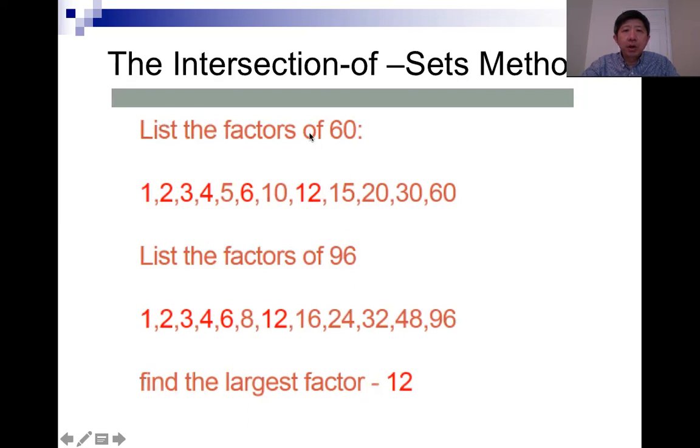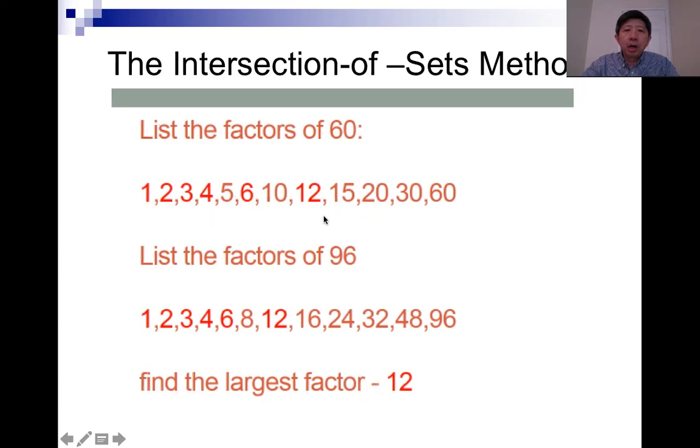I will list all the factors of 60. 1 is a factor of 60, 2 is also a factor, 3 is also a factor, 4 and 5 and 6 and 10 and 12, 15, 20, 30, and 60.